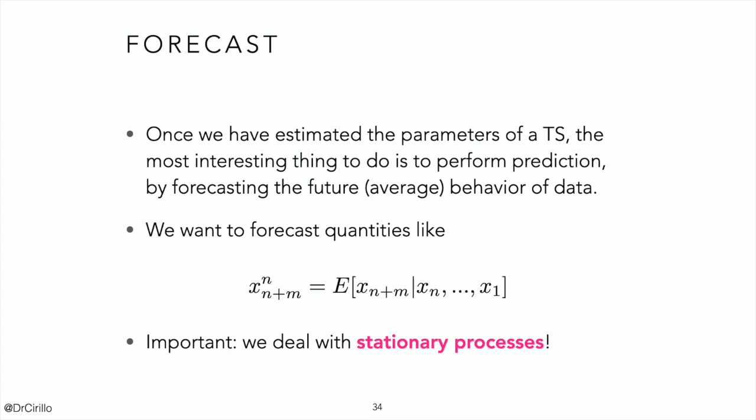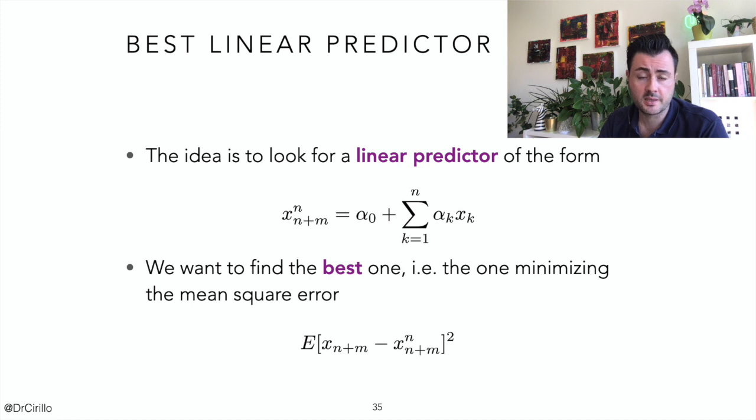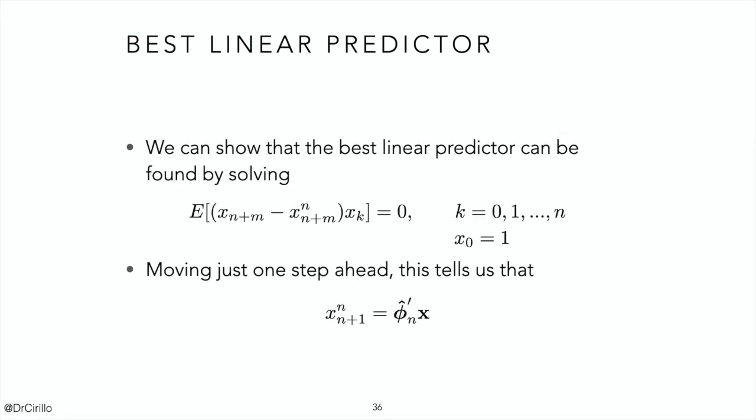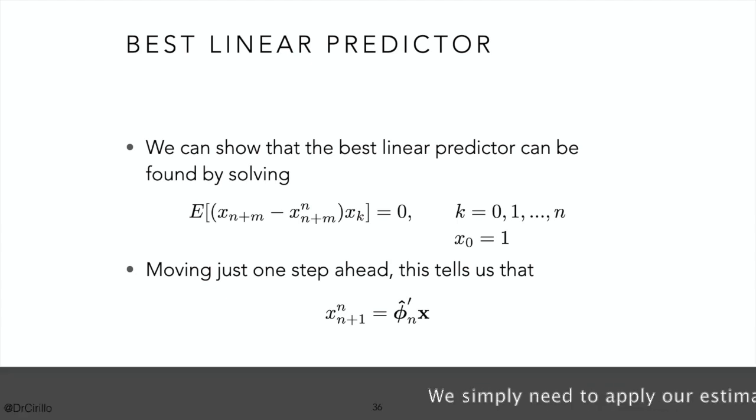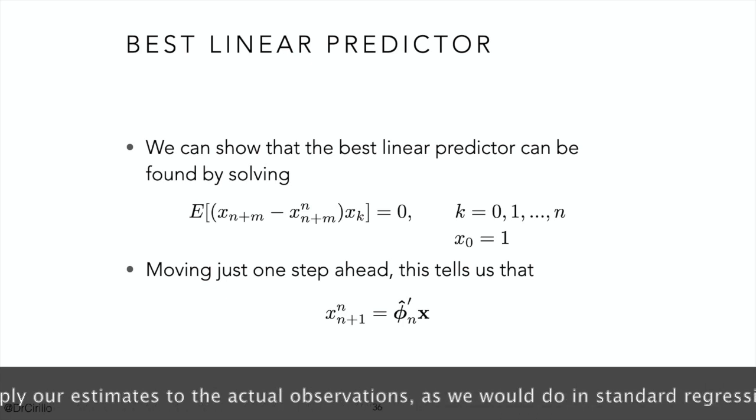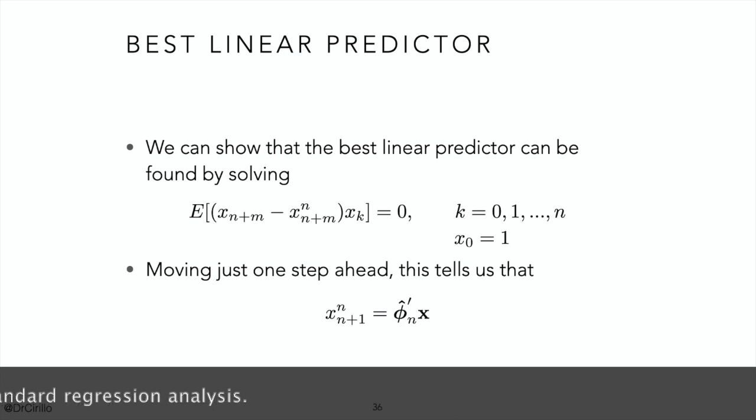So, if we are playing with a stationary process, we can perform our forecast and define the quantity X_{n+m}^n, that is nothing more than the expectation of our process at time n plus m, given that we have observed the process until time n. In other words, we are looking for the best linear predictor, which is the linear predictor that minimizes the mean squared error. From a numerical point of view, this is not a difficult task, and we can easily perform a one-step forecasting. Once we have a one-step forecasting, we can extend to a certain number of steps, like m steps forward.